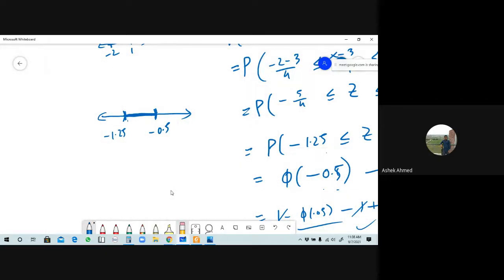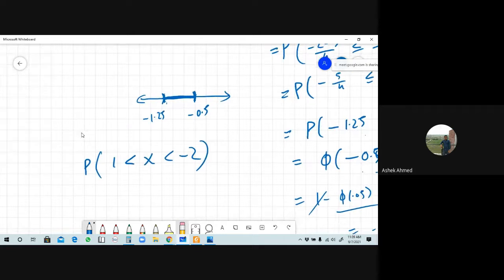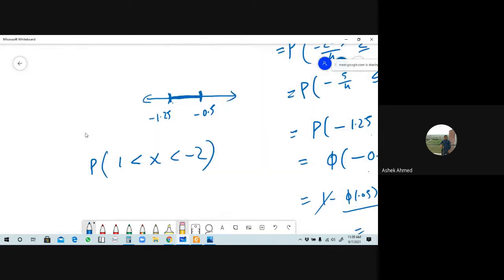If there is given a problem, one of the probability of 1 is less than x is less than -2. What do you mean by this? If you draw these points on a real line and define 2 points, this is a point, this is another point.